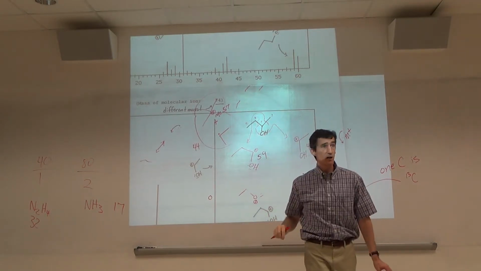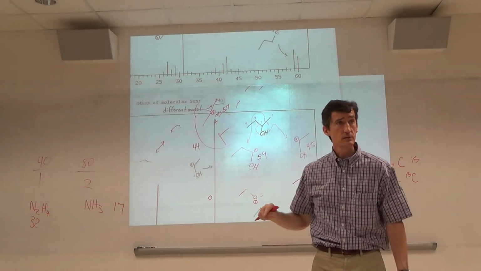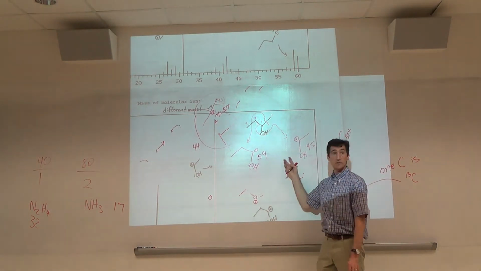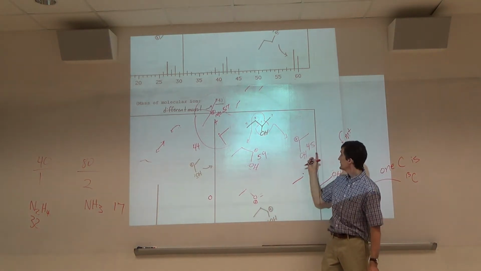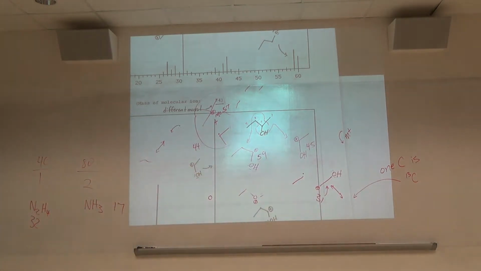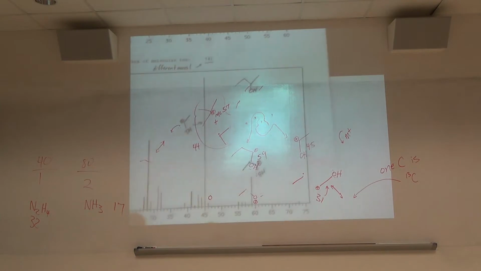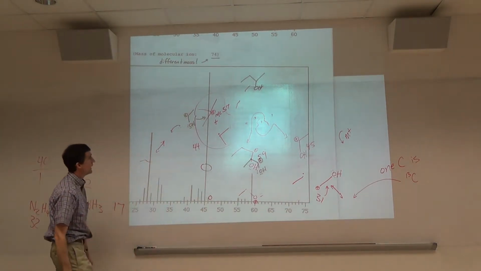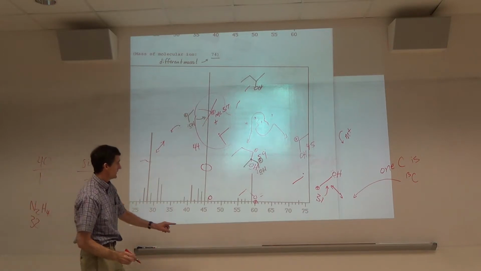Up there we predicted a peak at 31. Is that right? Down here we don't predict 31. We predict 45 and 59. Well, what do we have down there? I got a nice 45, and the other is 59.